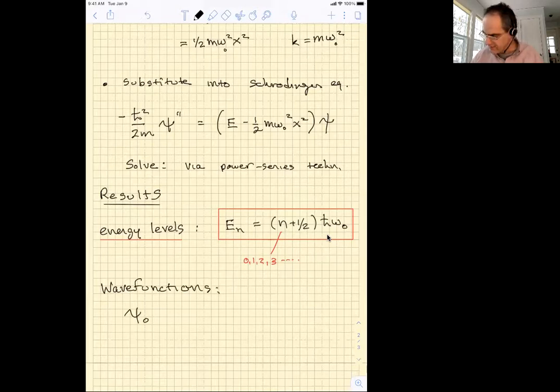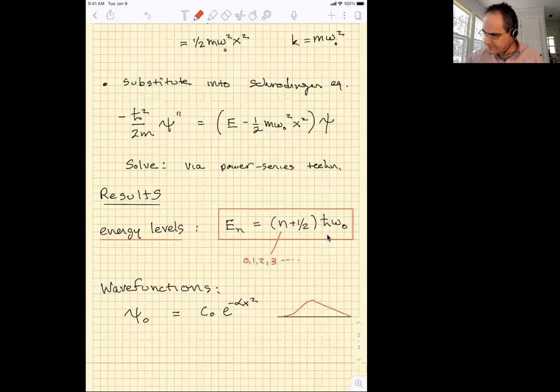So psi 0, the lowest energy state, is equal to a constant times e to the minus alpha x squared. So can you see what the shape of this is? It peaks at x equals 0, which is in the center of the well, and then it's a Gaussian function. That is, it looks like a bell-shaped curve.